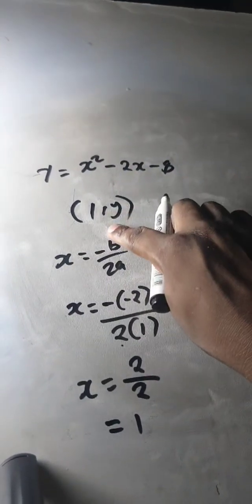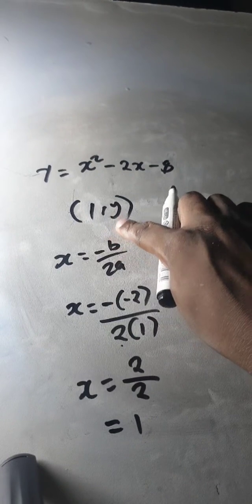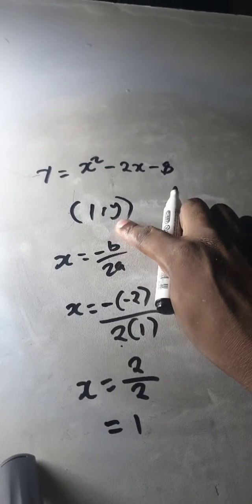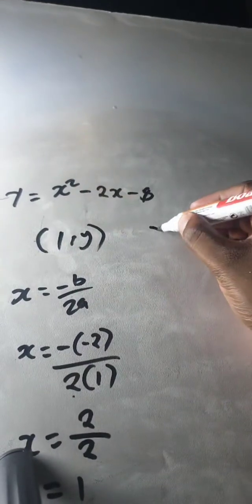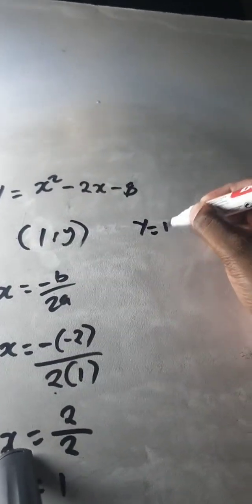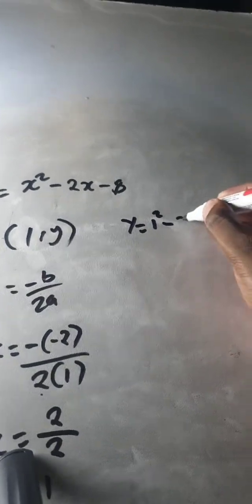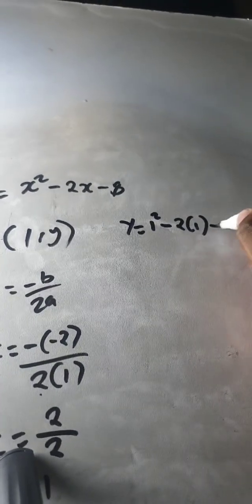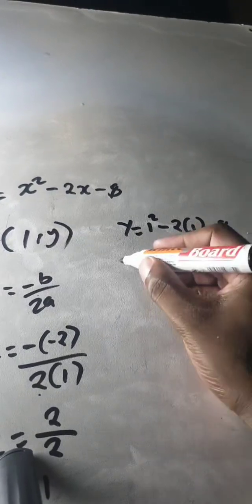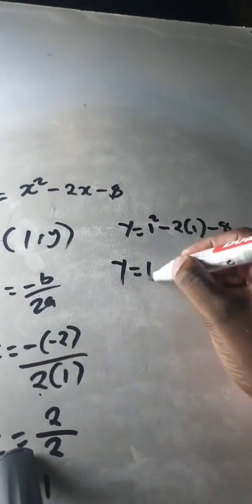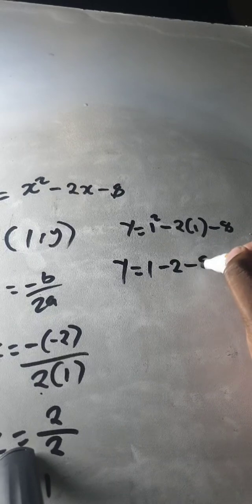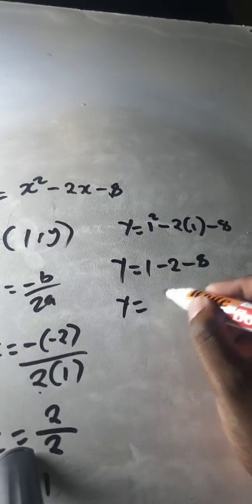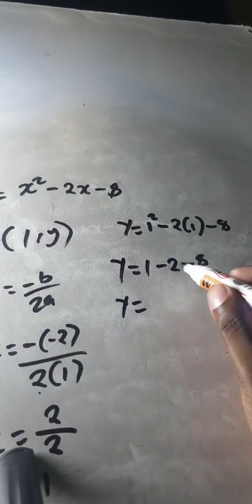Now what about for y? When finding for y, ladies and gentlemen, we'll get the same function, and where there is x, we replace with 1. So it will be 1 squared minus 2 multiplied by 1 minus 8. So y is equal to 1 squared is 1, negative 2 times 1 is negative 2, minus 8. 1 minus 2 is negative 1.